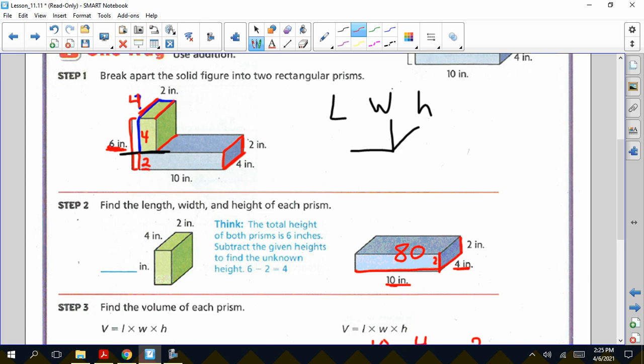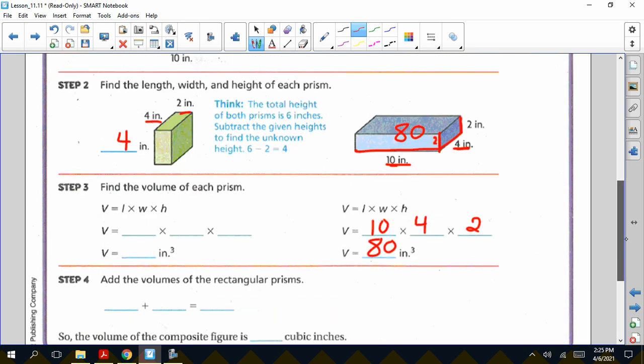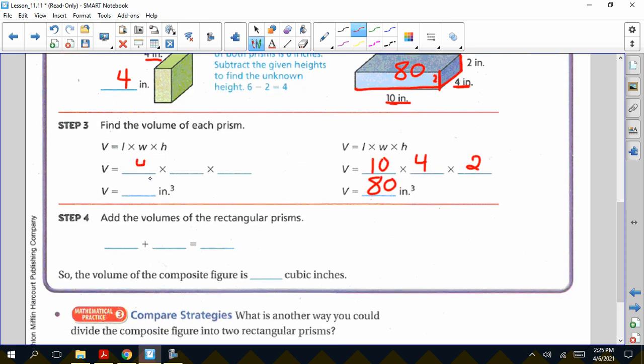This height plus this height equals our 6 inches. So the height is 4 inches. So our length is 2, our width is 4, and our height is also 4. So we're going to take 4 times 2, which is 8, times 4, which is 32, and we know that this figure has a volume of 32 inches cubed.